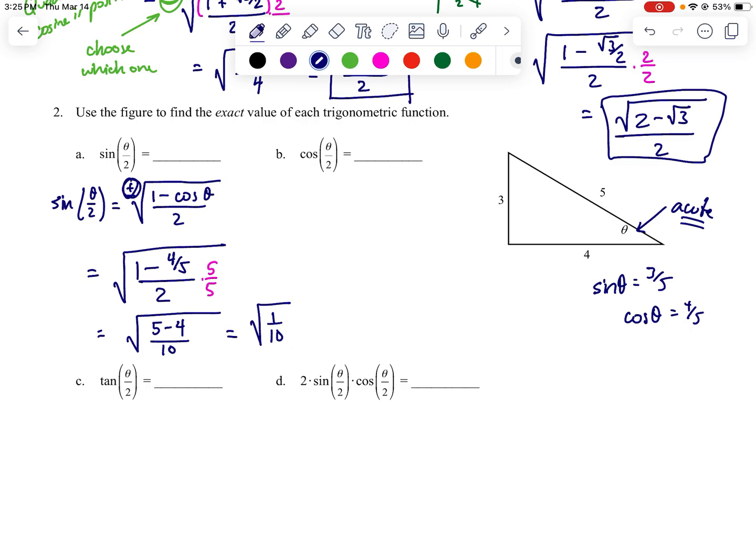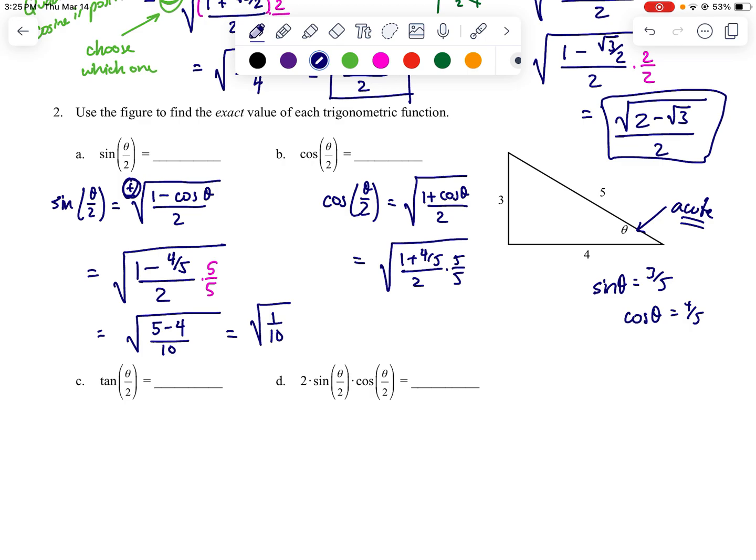It really doesn't matter. And so again, we're doing cosine this time. So the cosine of theta cut in half is again going to be positive because this is an acute angle, but this time it's 1 plus the cosine of theta all over 2. So the only difference now is that it's going to be 1 plus 4/5 over 2.